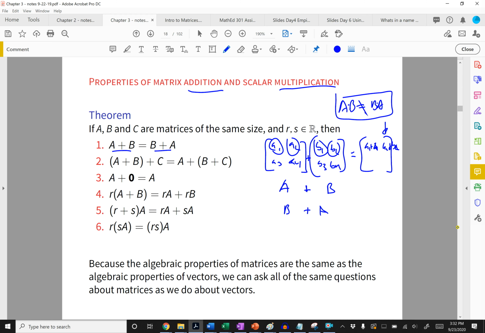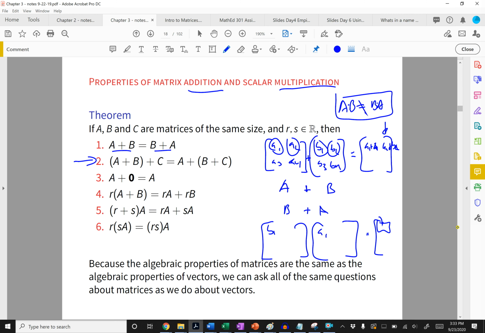I'll just be adding B1 plus A1, and since the addition of real numbers is commutative, these will be the same. A1 plus B1 is the same as B1 plus A1. So you end up with the same thing that way.